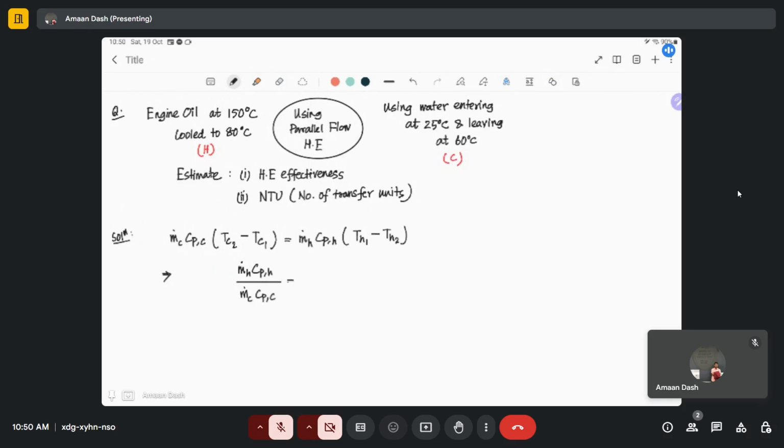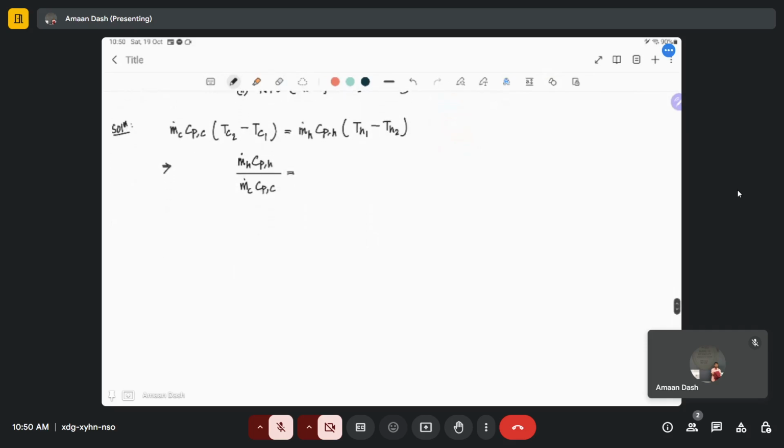So this will be equal to TC2 minus TC1 divided by TH1 minus TH2.